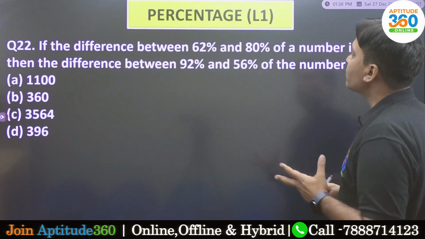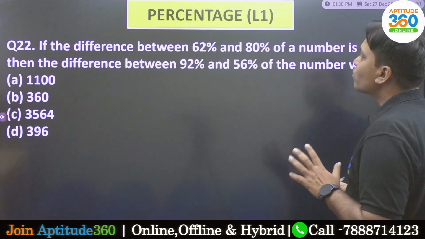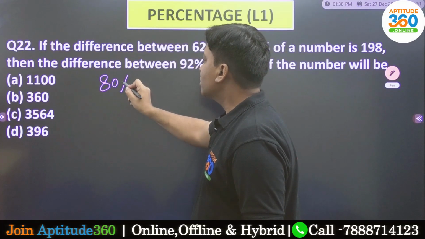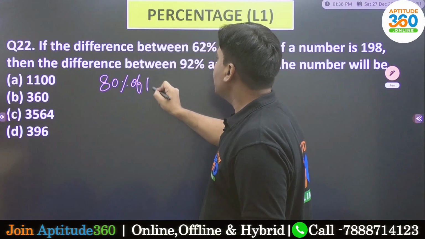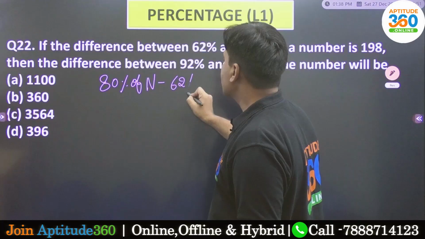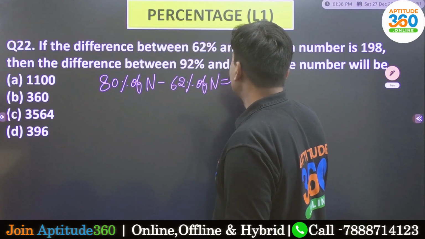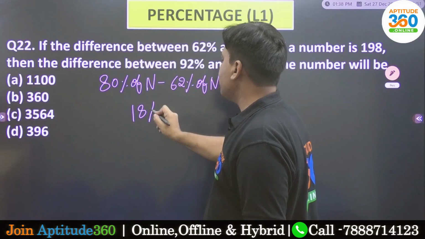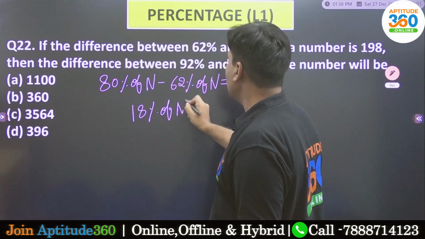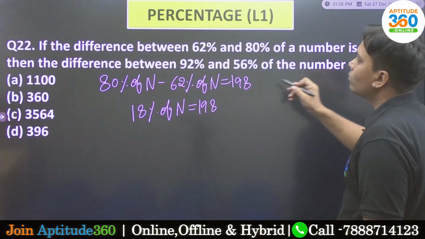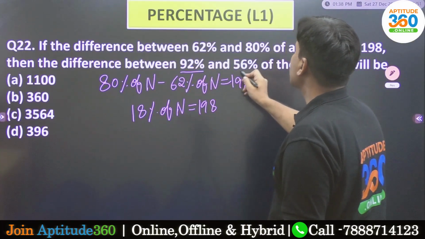If the difference between 62% and 80% of a number is 198, so 80% of the number minus 62% of the number is 198. So can I say that 18% of the number is given to me as 198, and then they're asking you to find out the difference between 92% and 56%.